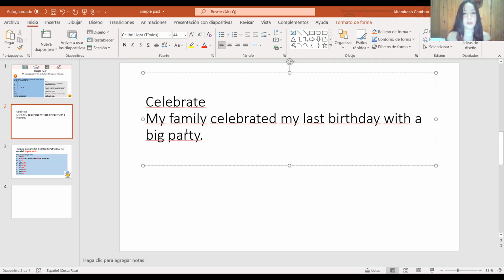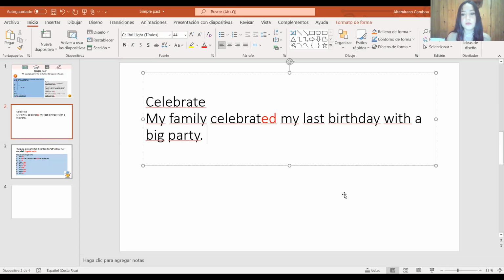So as you can see, we have this verb, celebrate, and this is the ed ending because we are talking about something that happened in the past. In this case, because the verb ends with this vowel, E, we just add the D at the end of the verb. My family celebrated my last birthday with a big party. So this is an example of a sentence in the past.